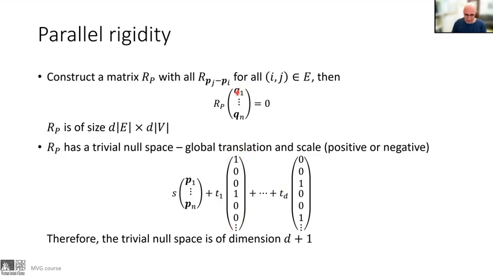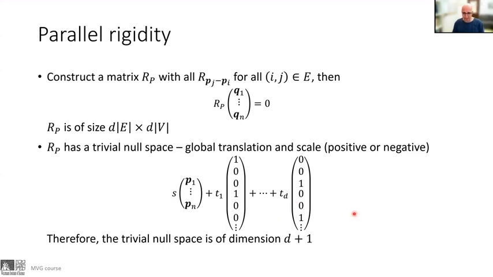For every point I put 1, 0, 0, then 1, 0, 0, then 1, 0, 0, etc. Multiply that by T1, that would give you T in the direction of the first coordinate for all points. And similarly for the second coordinate, and here for the last coordinate. So overall, I have D vectors that span the translations.